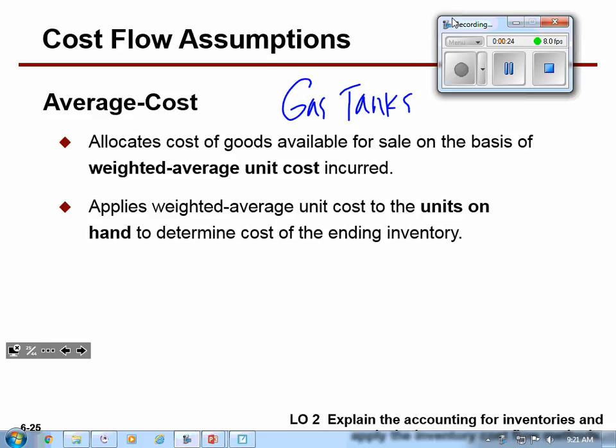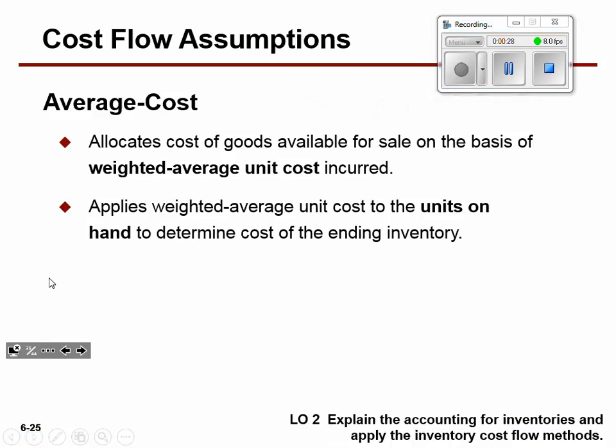Average cost kind of throws out the idea of, here's our old stuff, here's our new stuff. I wrote gas tanks on there because it's very much like rolling into the gas station and pumping gas that's coming from a tank underneath the ground. Instead of saying here's the price we paid at the beginning, here's the price we paid at our next purchase, or valuing the old and the new stuff, let's just dump it all in the tank and say, who cares if the prices were rising?